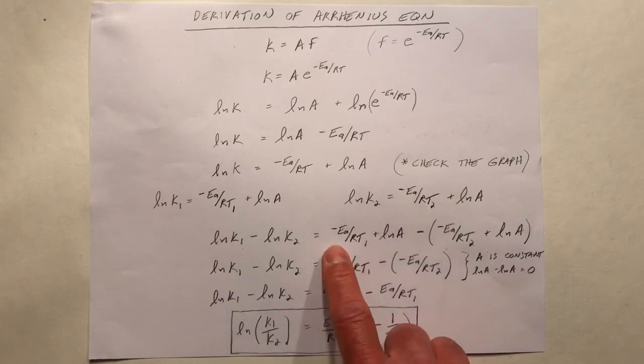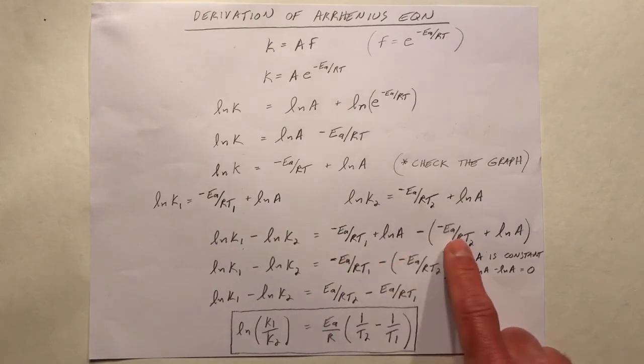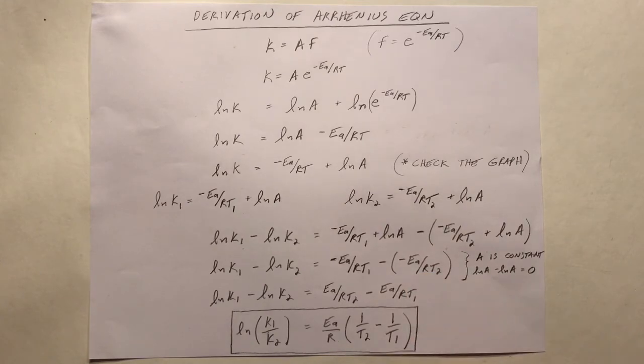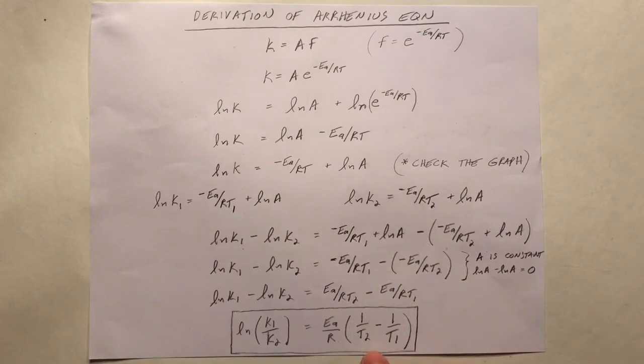So now we have negative Ea over RT1 minus negative Ea over RT2. If we distribute that negative sign, a negative of a negative makes a positive. So we have positive Ea over RT2 minus Ea over RT1.